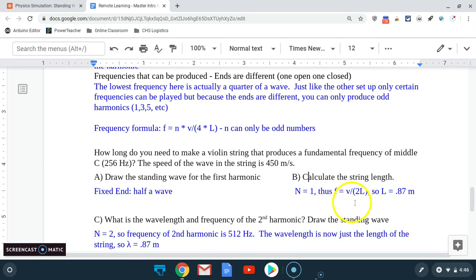The frequency of the note is 256 hertz, which equals how fast the wave is traveling through the string, 450 meters per second, divided by 2 times the length of the string, which is what we're looking for. You have to move some things around, but when you solve it, the length of the violin string would have to be 0.87 meters, or about 87 centimeters.